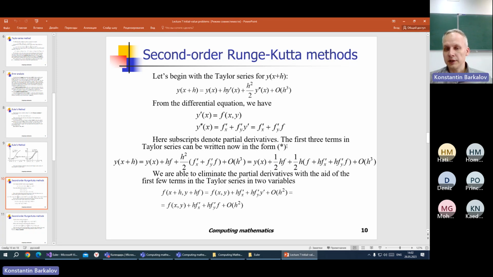The first three terms in the Taylor series now can be rewritten as follows: y of x plus h equals y of x plus h times f plus h squared over 2 times f prime x plus f prime y times f, plus the terms that have the error of order h to the power 3.